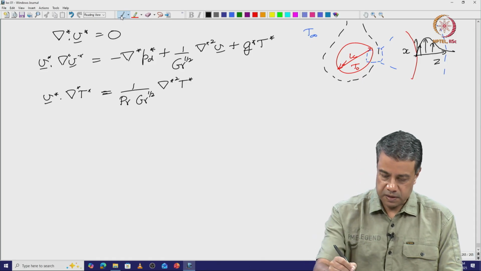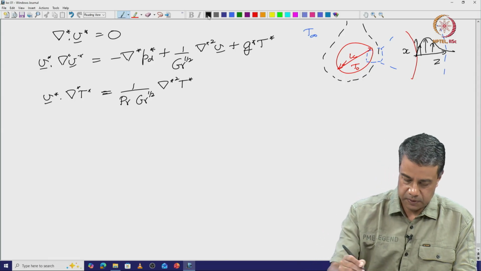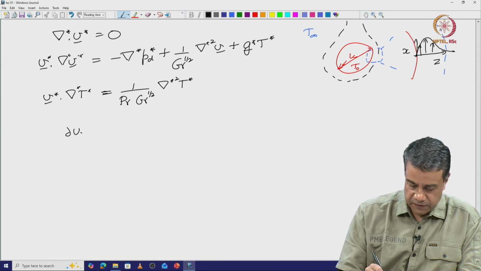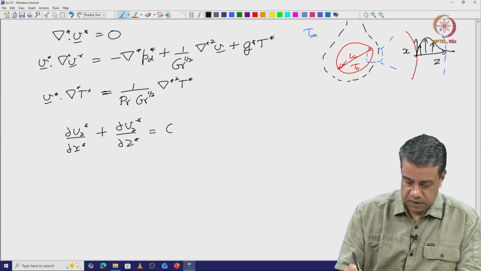In this x z coordinate system, I will write the conservation equations. Partial Vx by partial x plus partial Vz by partial z is equal to 0.